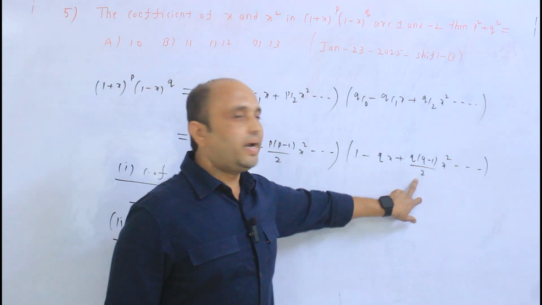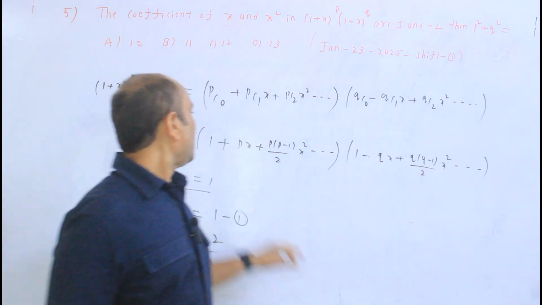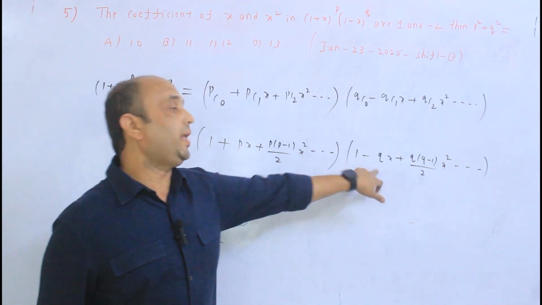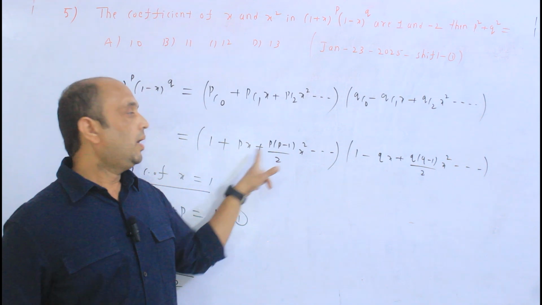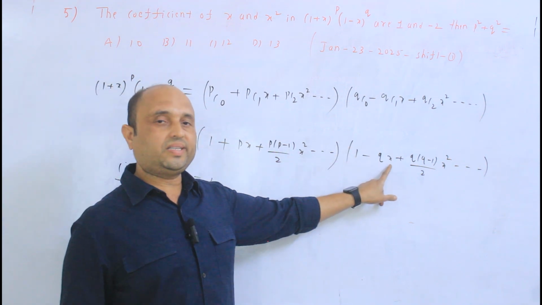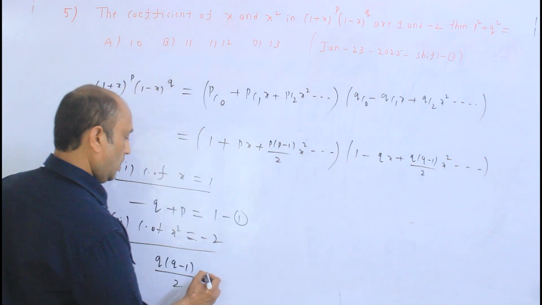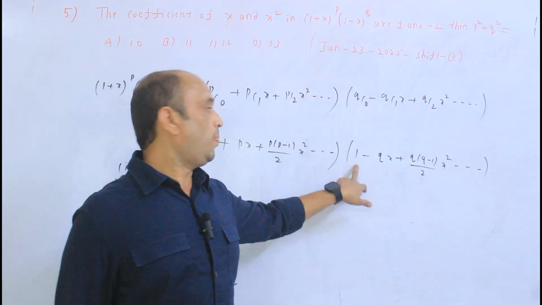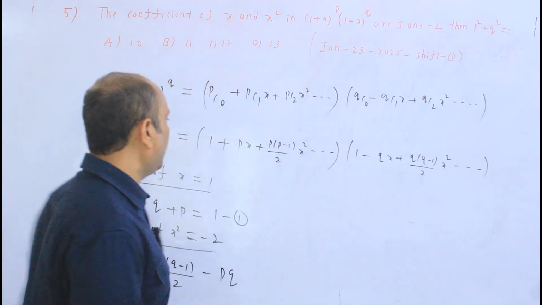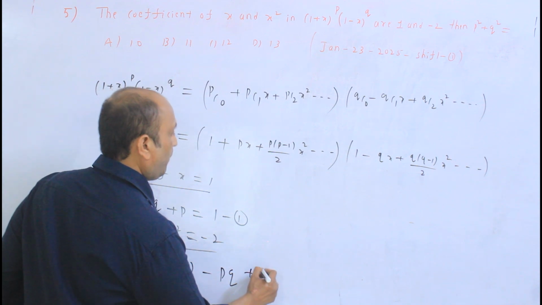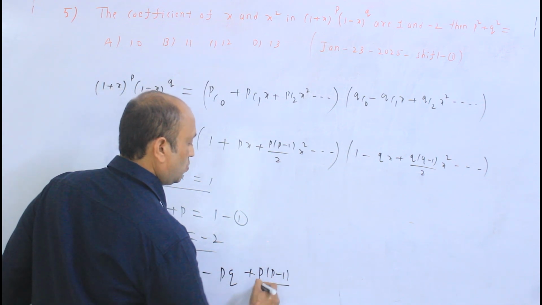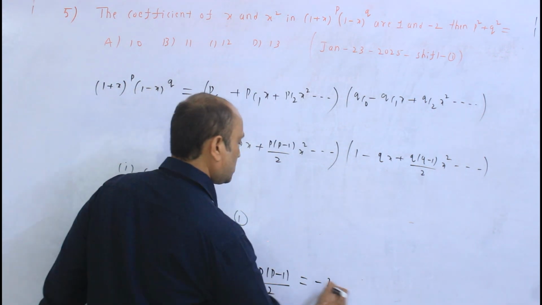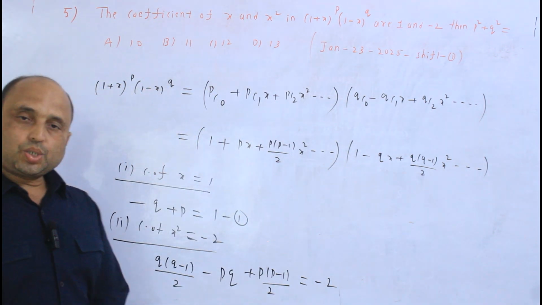Next, p is multiplied with the x term only, and this x term is multiplied with x, then only we will get x square, that is minus pq. The x square term is multiplied with the constant, then we will get p into p minus 1 by 2. Equal to, so coefficient of x square is minus 2.